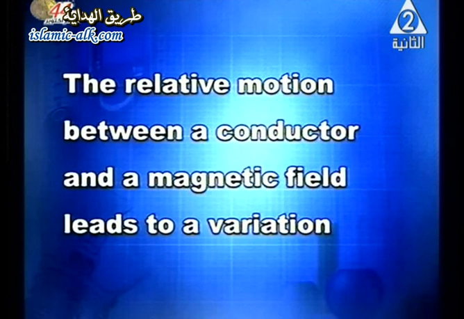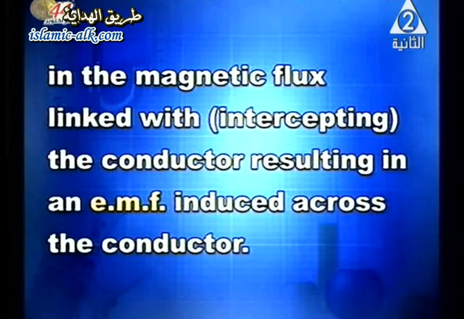The relative motion between a conductor and a magnetic field leads to a variation in the magnetic flux linked with the conductor, resulting in an EMF induced across the conductor.